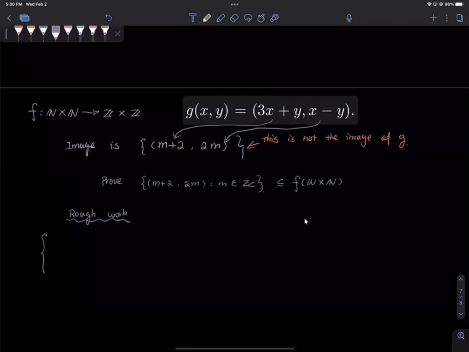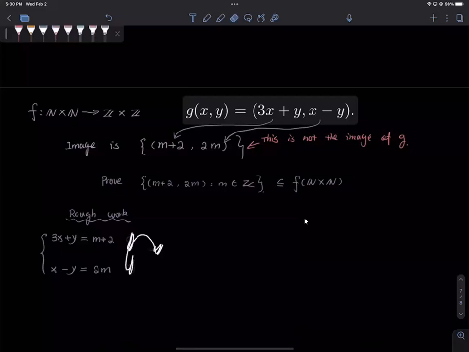So you have a system of equations again. You have 3x plus y is m plus 2, and you have x minus y is 2m. Again, this is just a demonstration. This is not the image, okay? So we're just doing this. And what you need to do is isolate your x and y and see what they look like. So, okay, I'm not gonna do this step.